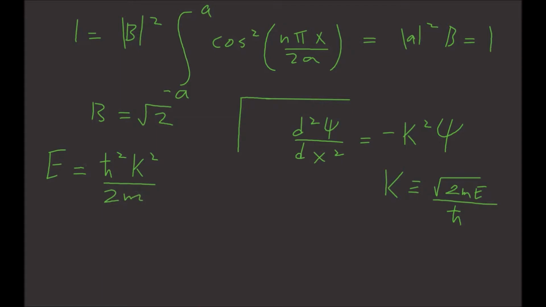So let's put k back into here. So the allowed energy values equal n squared pi squared times h bar squared divided by 2 times m times (2a) squared. And it agrees with video number 8.